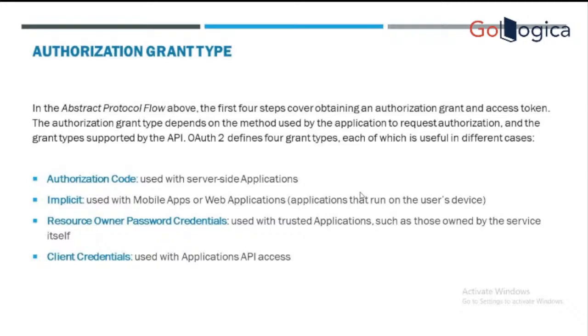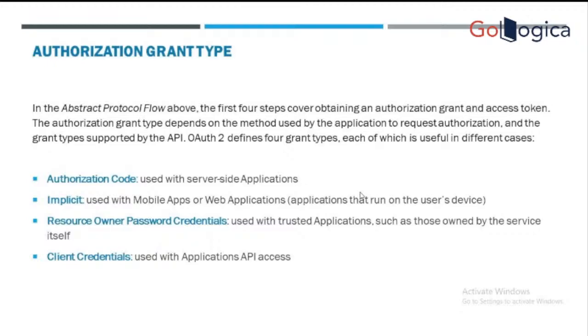And do you know the grant types? And if you know the grant types, which grant type is generally used, and why? You are supposed to tell those answers, or give the right answer, which I'm telling you right now with lots of examples.